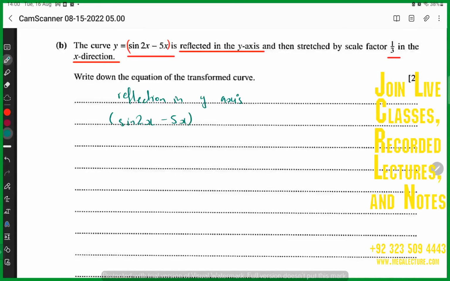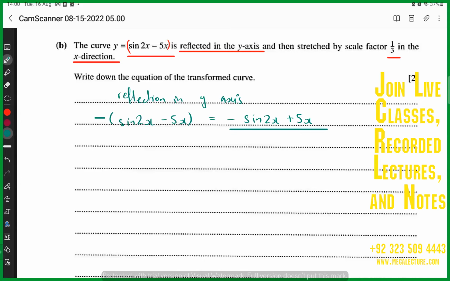This is what I initially had. I would just multiply negative with it, and this is going to give me negative sine 2x plus 5x. So this is how the equation would be transformed once the curve has reflected.